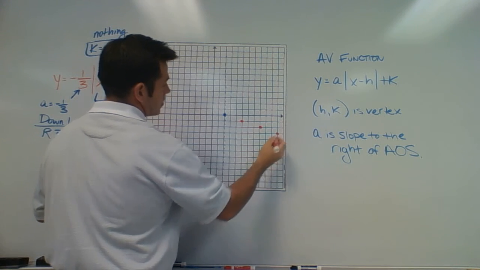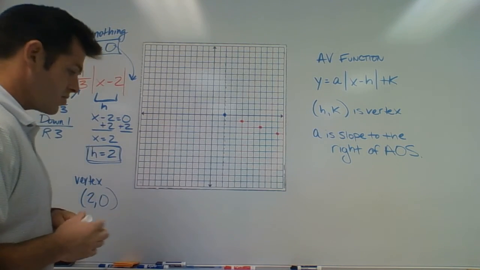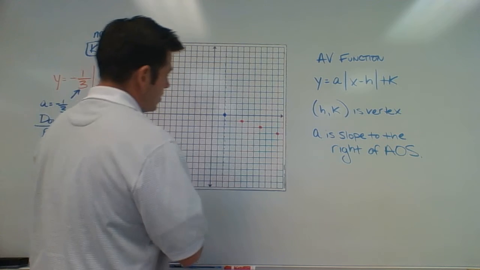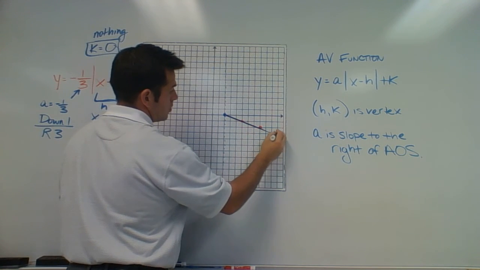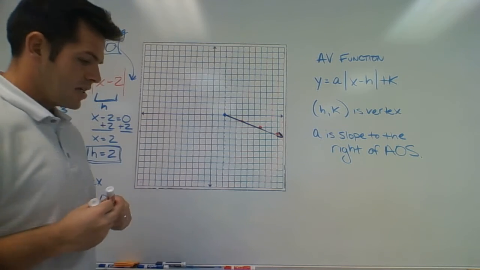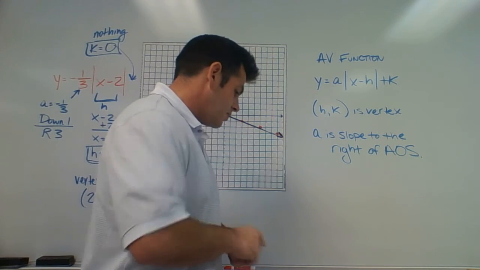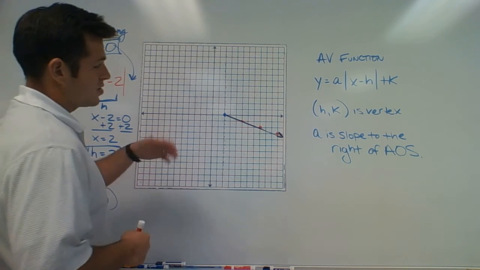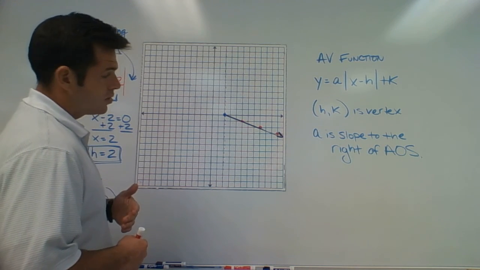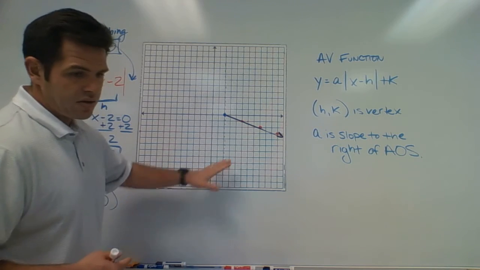I'll go ahead and try my best to connect the dots here and remind you that the same exact thing is happening on the opposite side of that mirror. Instead of negative 1/3, it's going to be positive 1/3. Or I could just think about using the mirror here.